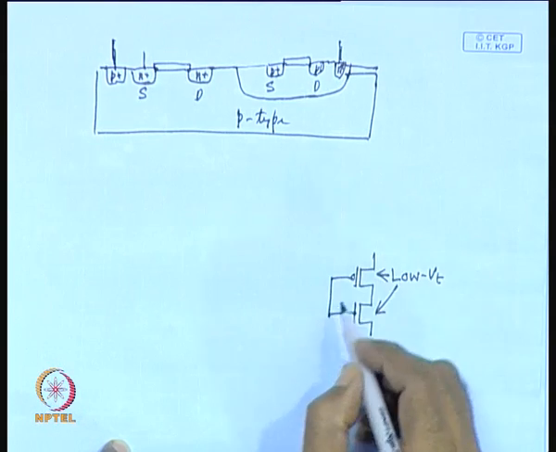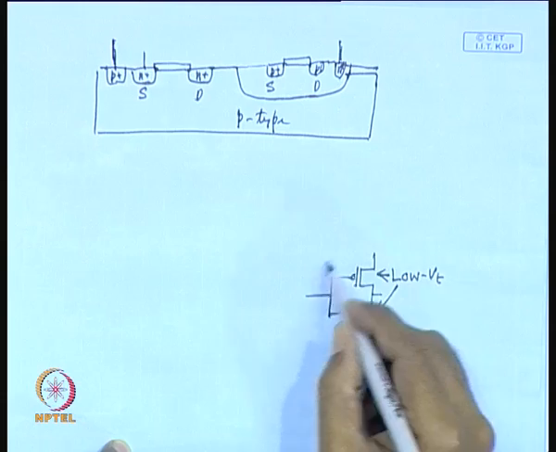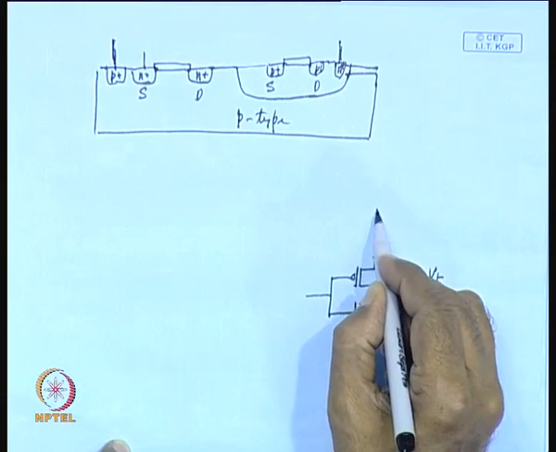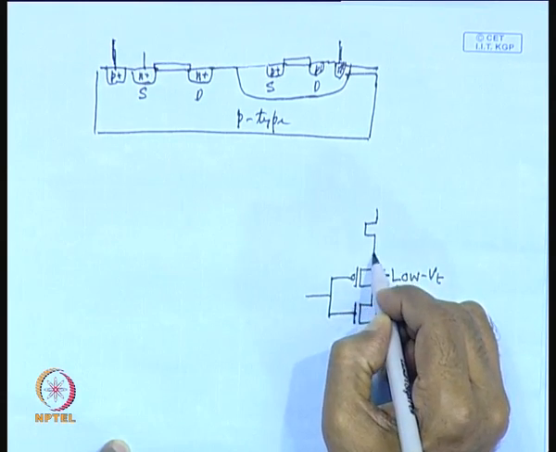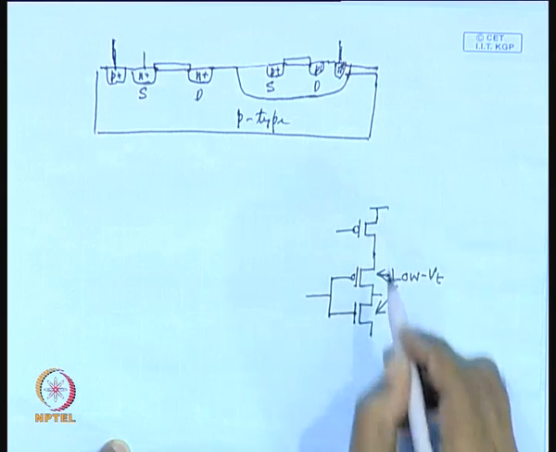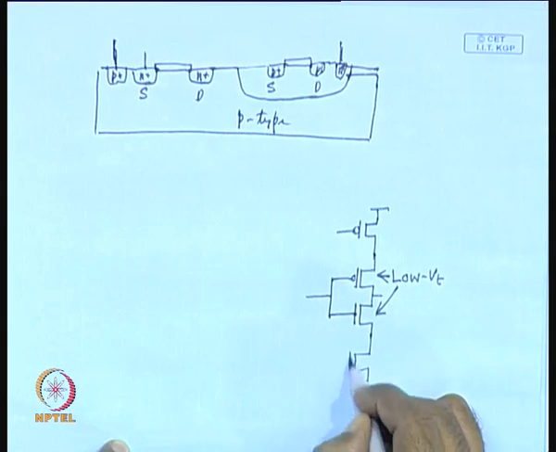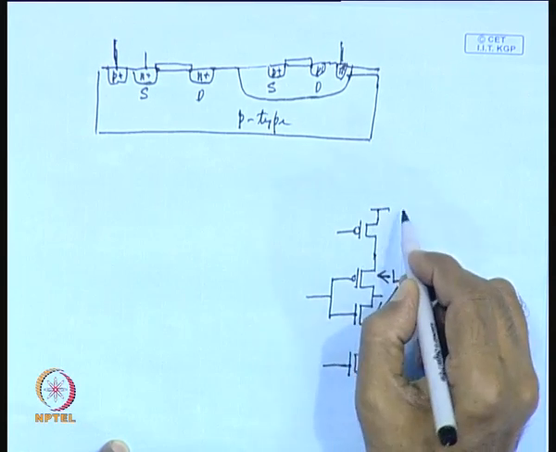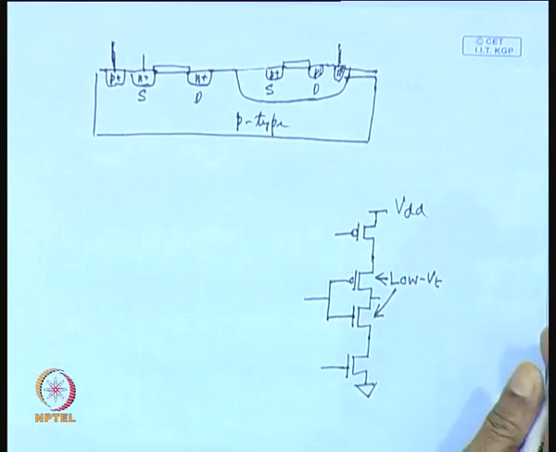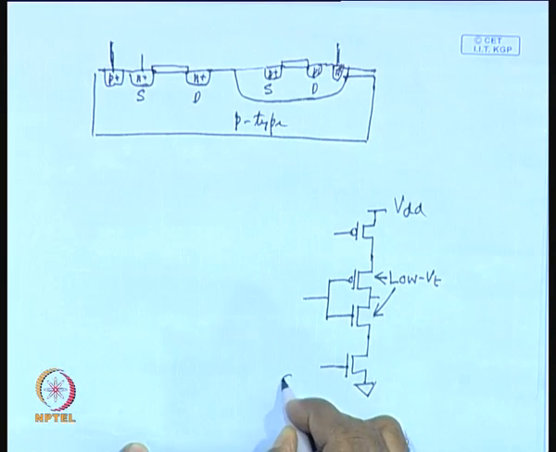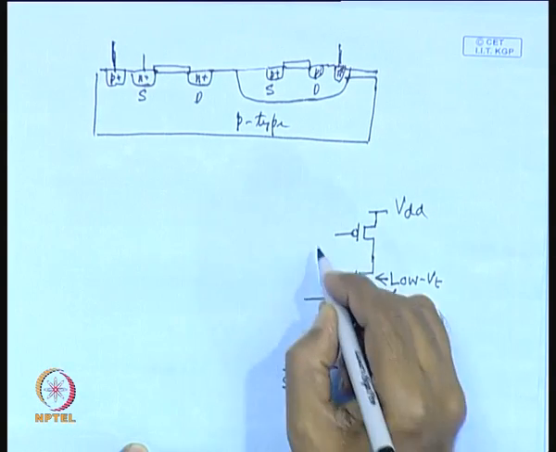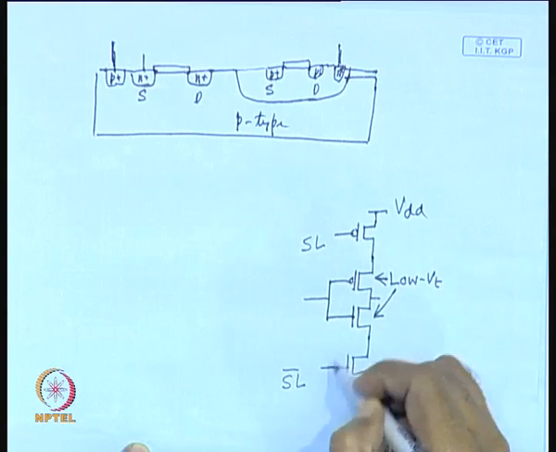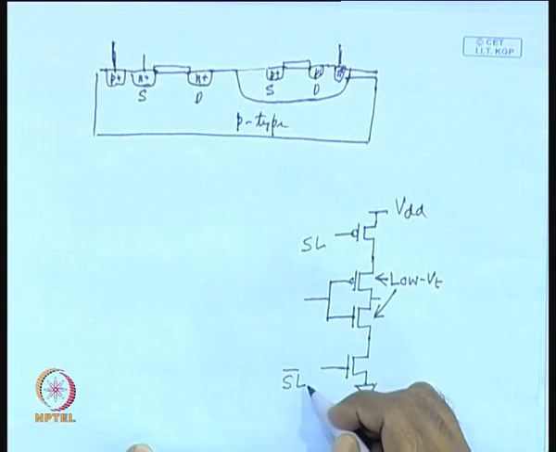What is being done, in addition to this part of the circuit, you will be adding two more transistors in series. This is connected to ground and this is connected to VDD. Now, you are applying a signal known as the sleep control signal to both these inputs. So, one is the complement of the other.